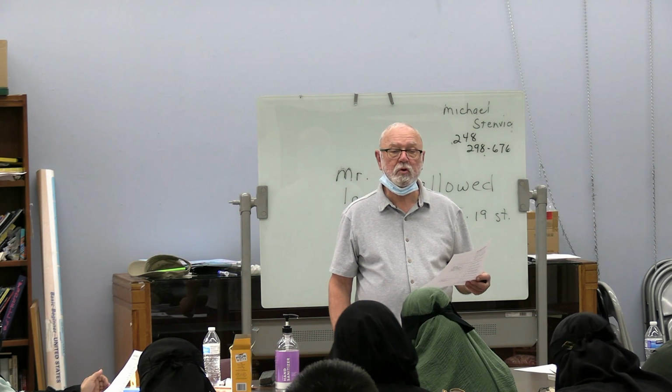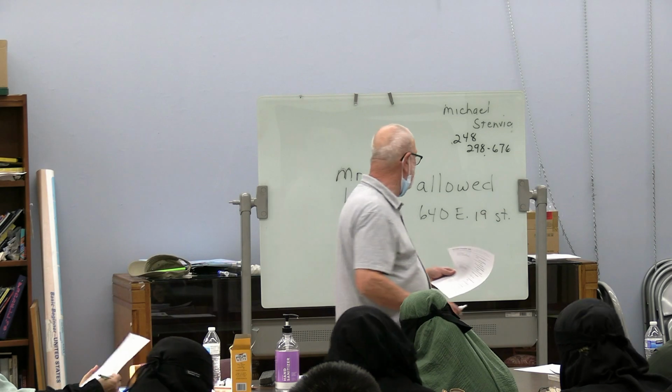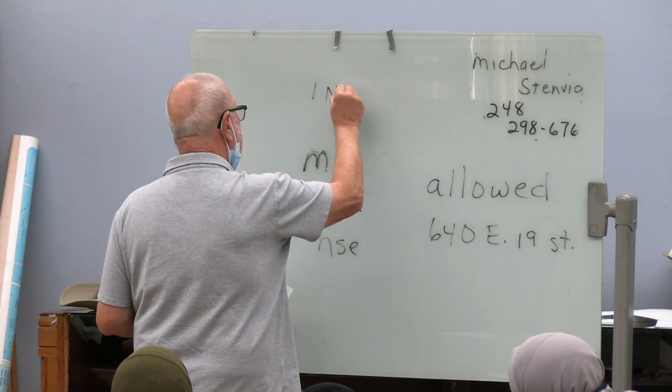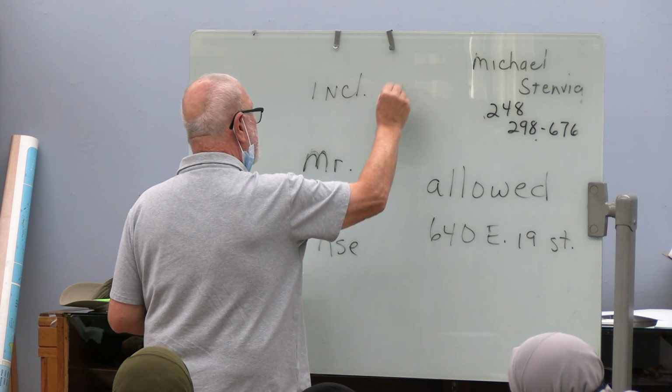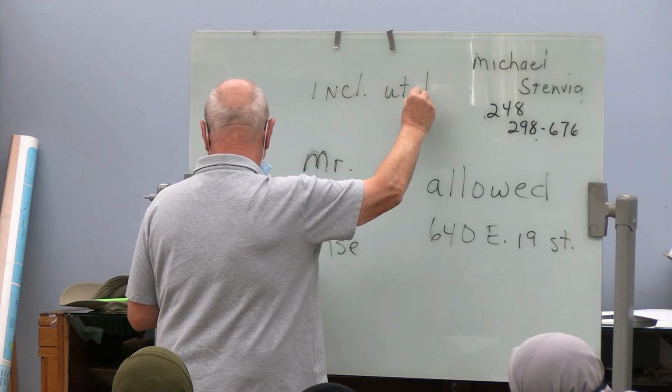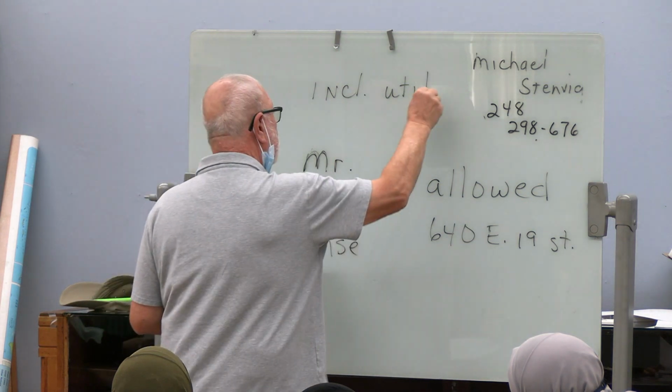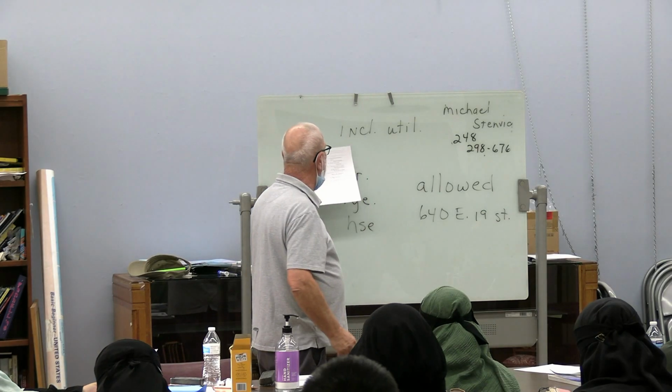Number 3, Bassam. Is gas and electricity included in the rent? Yes, it is. How can you tell? What does it say? Included.